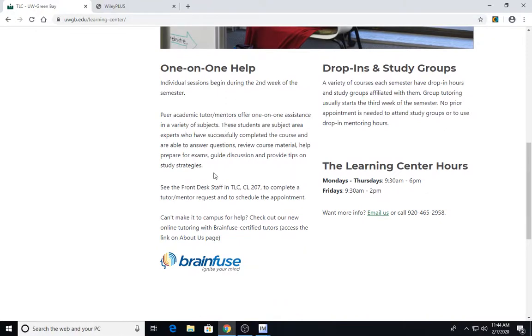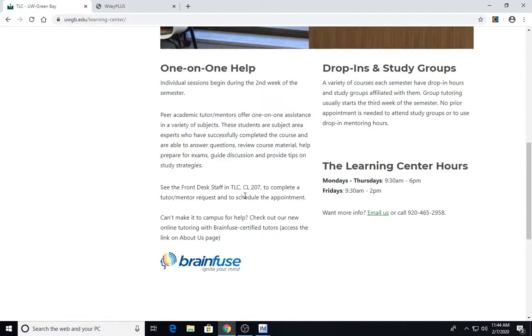So you can stop at the library, CL207, so that's the main floor of the library, and you can walk in there and get help with tutoring. Actually, you would set up an appointment for help with tutoring. The other thing is, if you're an online student or you don't want to come into campus that day, you can use BrainFuse and get tutoring online.